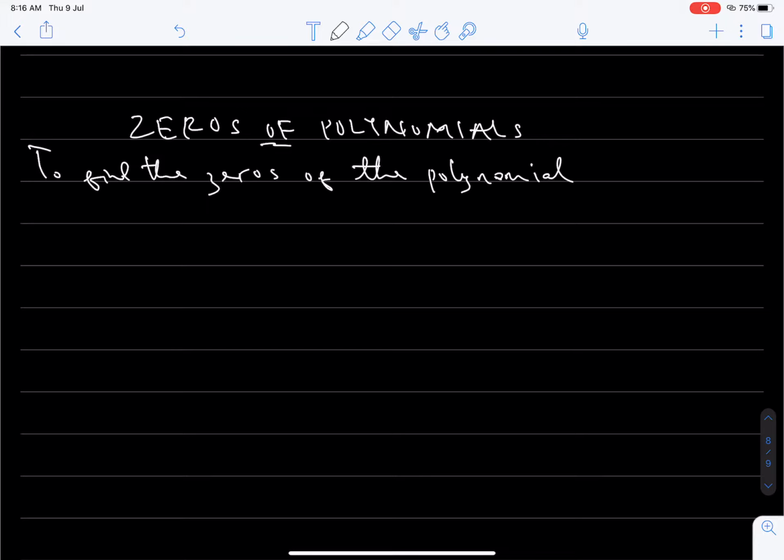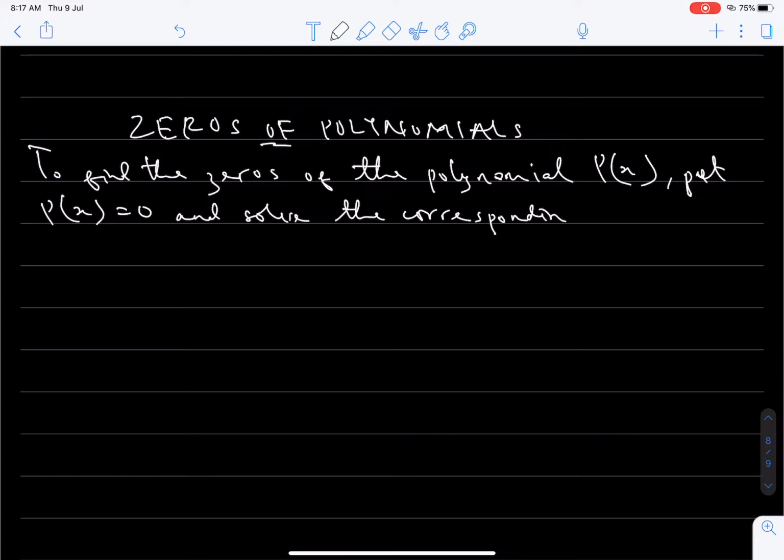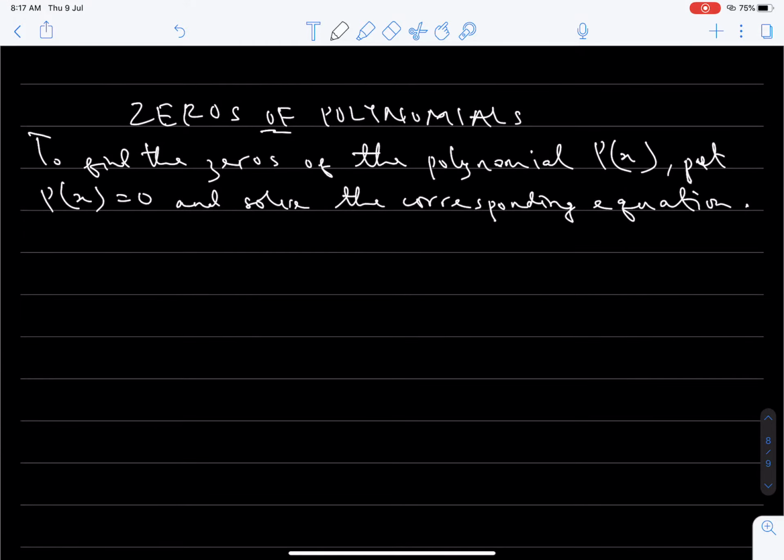To find the zeros of the polynomial p of x, put p of x equals 0 and solve the corresponding equation. When you do that, you obtain the zeros of a polynomial. You can also call them the roots of a polynomial. Now let's take an example on that, which is our third example today.